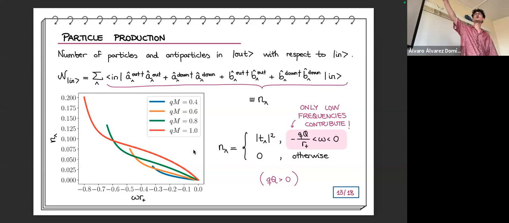But as we increase omega in absolute value, particles become excited. And if we increase the charge of the fermionic field, we increase the electromagnetic interaction between the fermion field and the charged black hole.